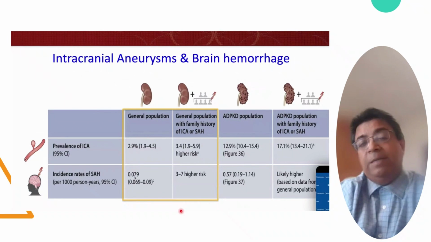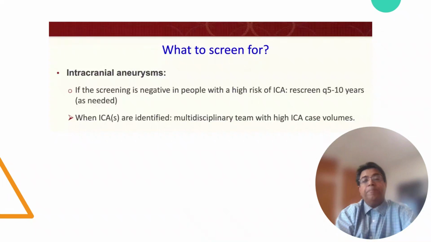Ruling out intracranial aneurysm in a patient with family history is very, very important. If the screening is negative in people with a high risk of intracranial aneurysms, then you can rescreen in 5 to 10 years. When an intracranial aneurysm is identified, then a multidisciplinary team approach is indicated, and surgical intervention should be considered.